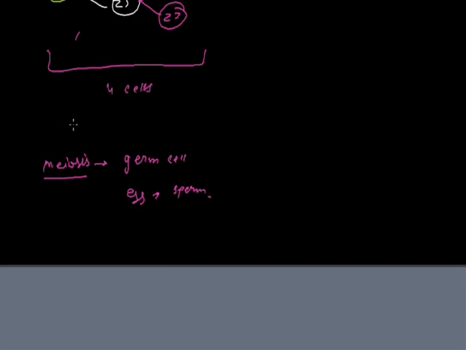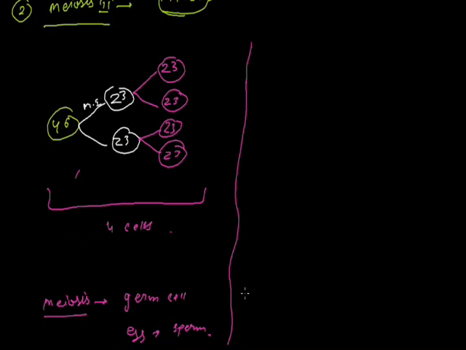And the other process is amitosis. As we discussed, in mitosis and meiosis there is a karyokinetic division and a second, cytoplasmic division.